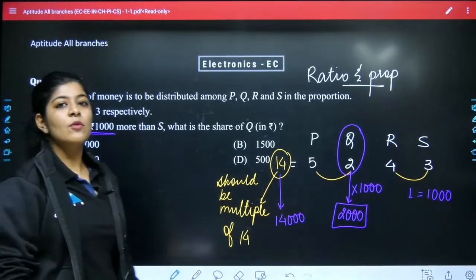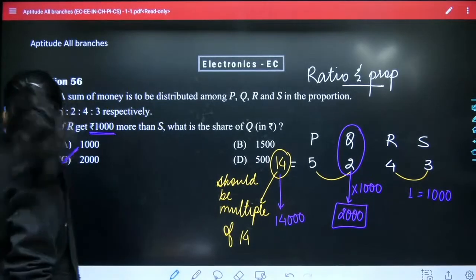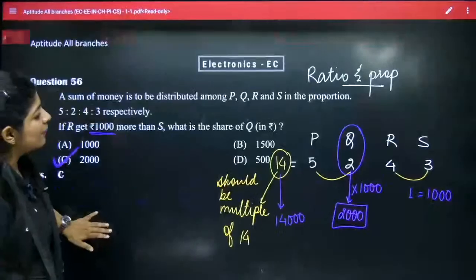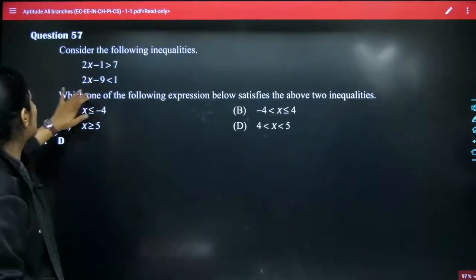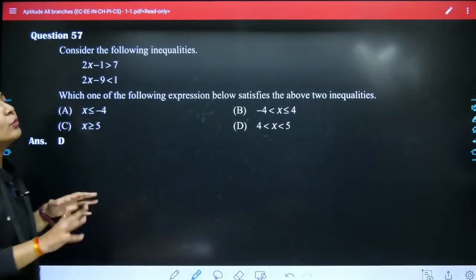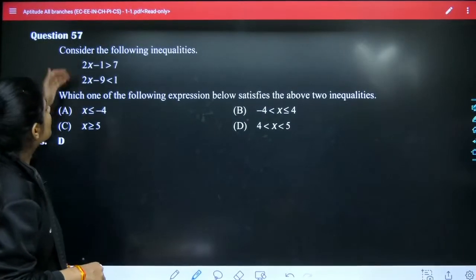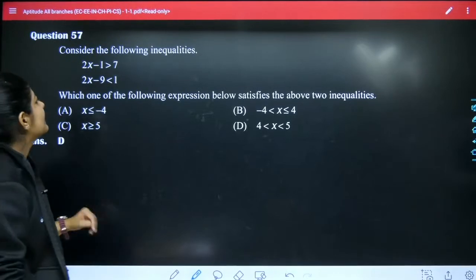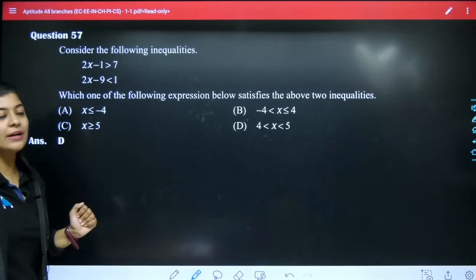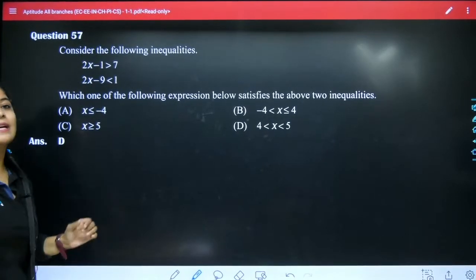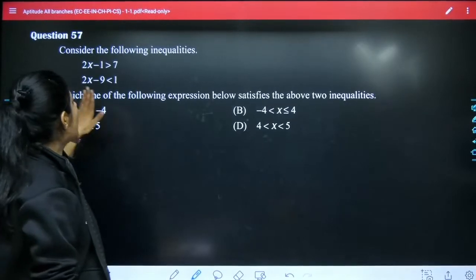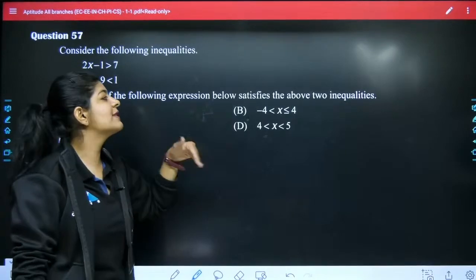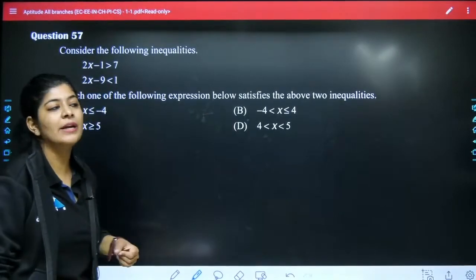Okay, now let's move to the next question, which is from inequality. Here we have 2 inequalities. The first one is 2x minus 1 is greater than 7, and the second inequality is 2x minus 9 is smaller than 1. Which one of the following expressions satisfies the above 2 inequalities?